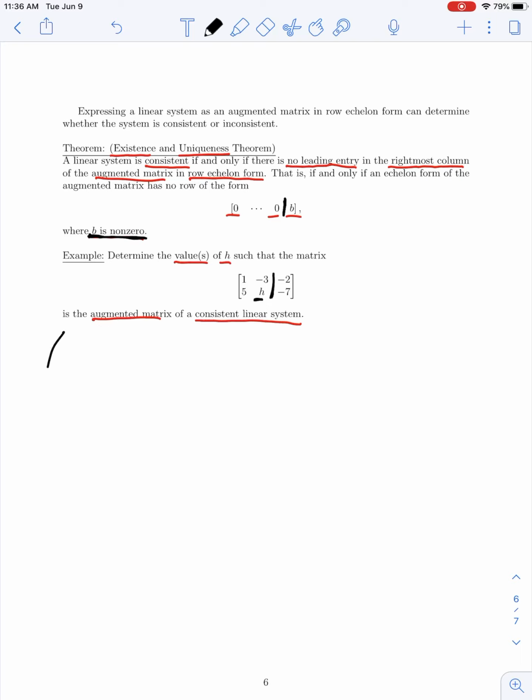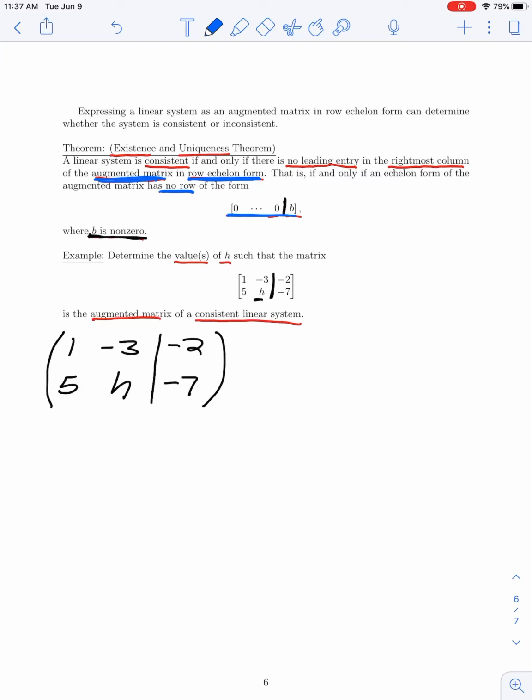So to determine that, well, we can look at our augmented matrix, 1, -3, -2, 5, h, -7, and I want to put it into row echelon form. I know that I have a consistent system if when I express that augmented matrix in row echelon form, I do not have any row of this form listed in our theorem.